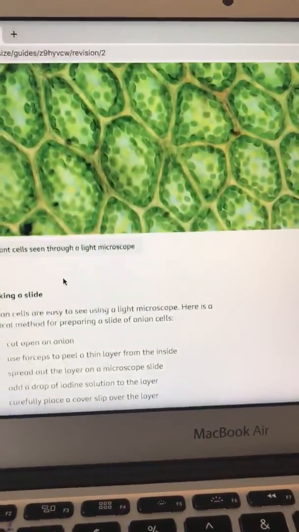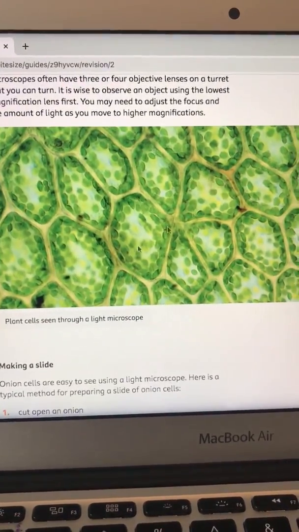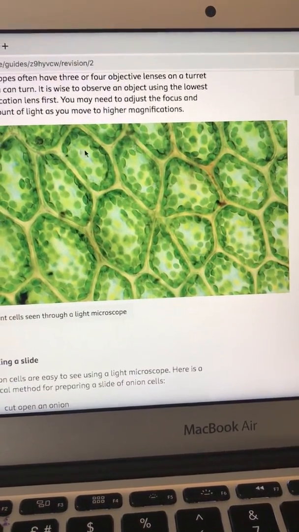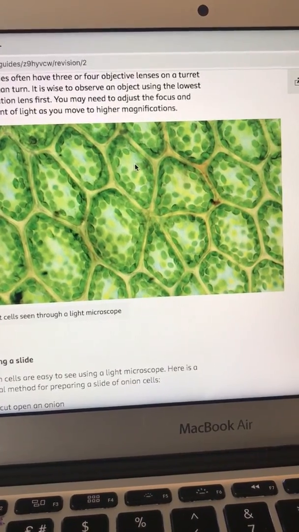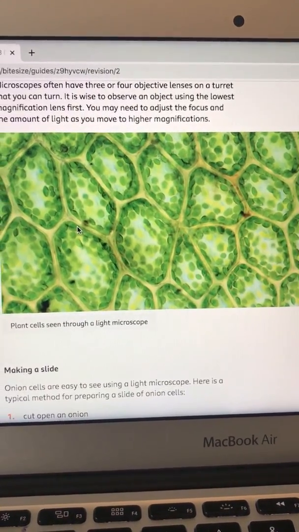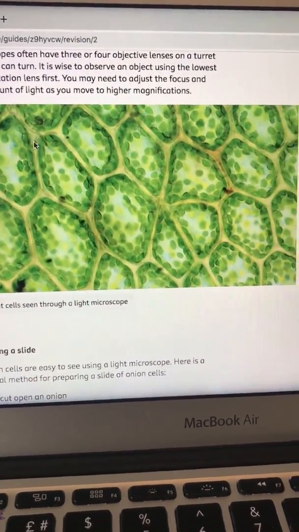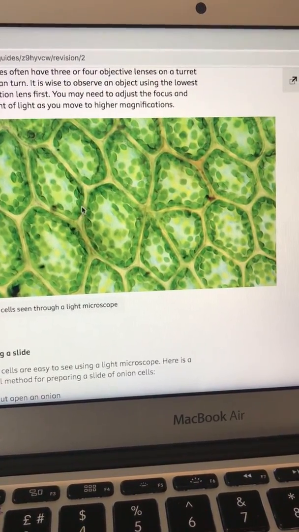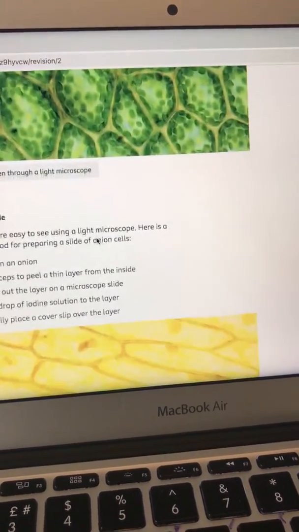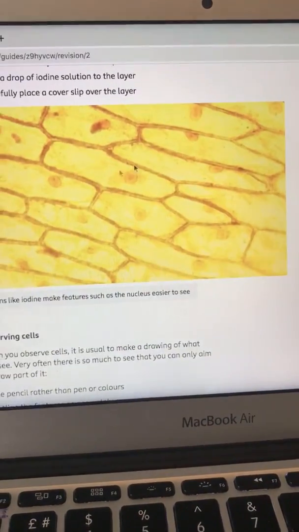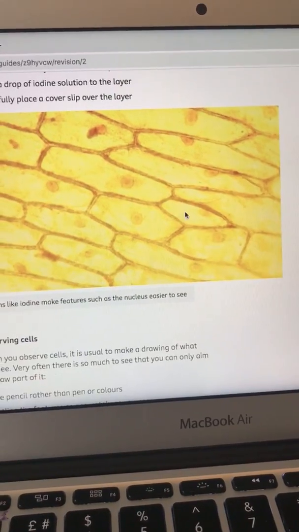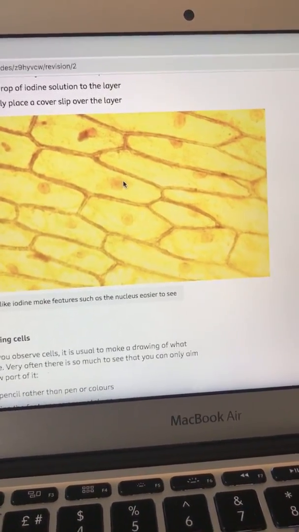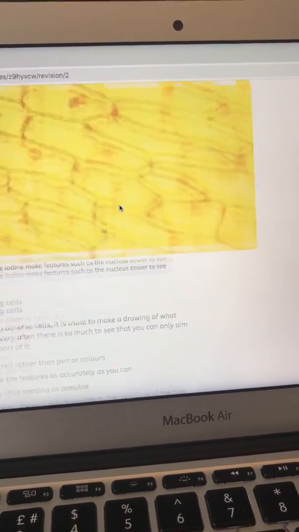Okay, and then let's go down. Here is a picture of a plant cell. The green bits show that basically this is a plant cell. Also, it has a cell wall here next to the cell membrane. Okay, right, this one is an onion cell, and you can see the nucleus and the cell wall, right?